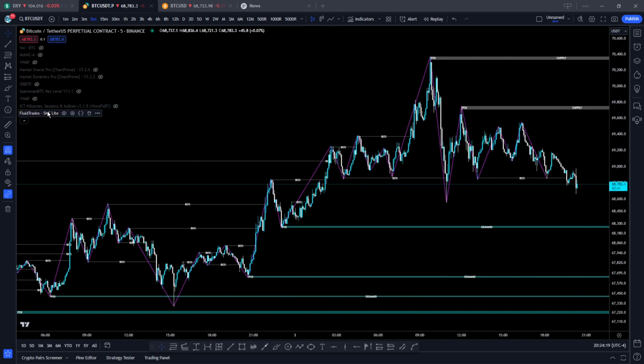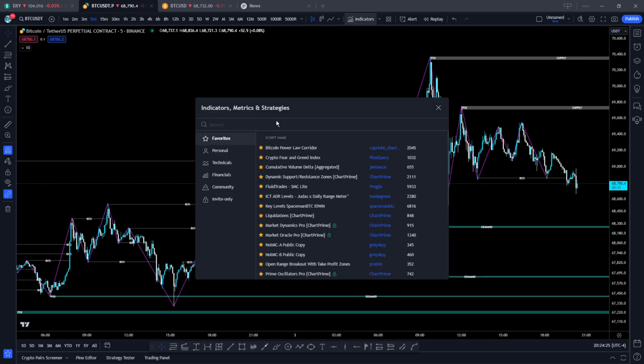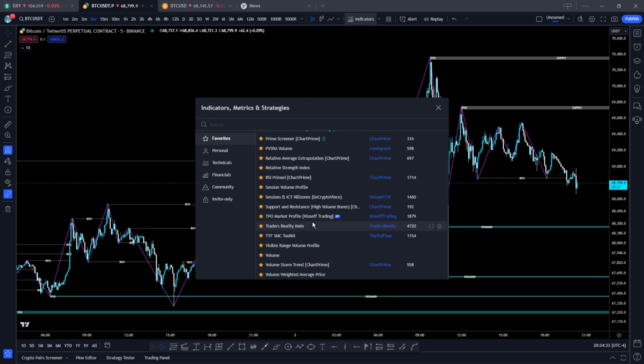But yeah, there was one more. I don't know why it's not on here, because I was just using it. This other one is called TTF SMC Toolkit by The TRD Floor.